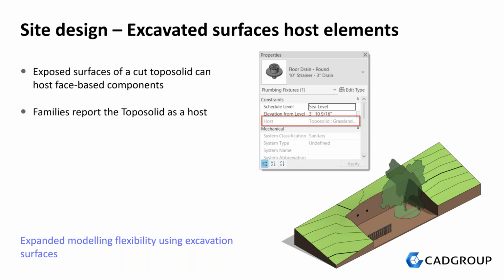So the Boolean surface functions as the original surface of the toposolid element when hosting elements like railings or planting elements. In conclusion, this enhancement offers increased modeling flexibility in excavations, allowing for more dynamic placement of elements on Boolean surfaces.